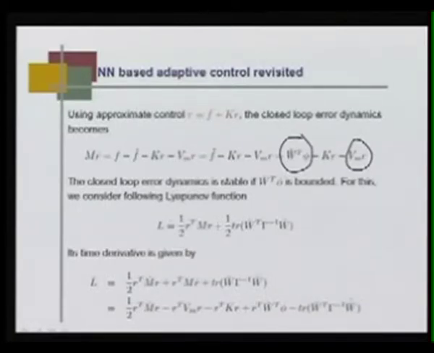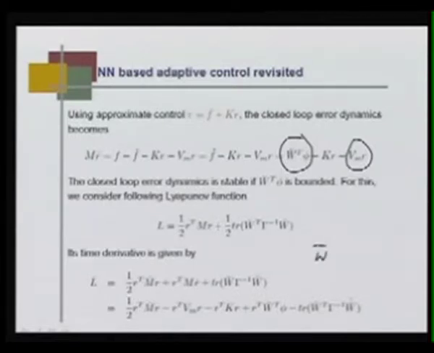For this we consider a Lyapunov function L equal to half r transpose M r plus half trace W tilde transpose gamma inverse W tilde, where gamma is a positive definite matrix. Its time derivative is half r transpose M dot r plus r transpose M r dot plus trace W tilde gamma inverse W tilde dot.